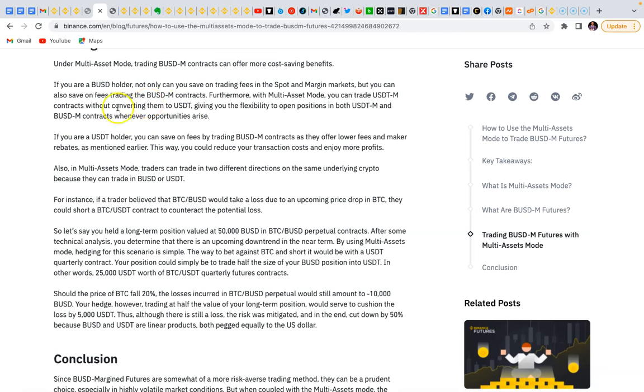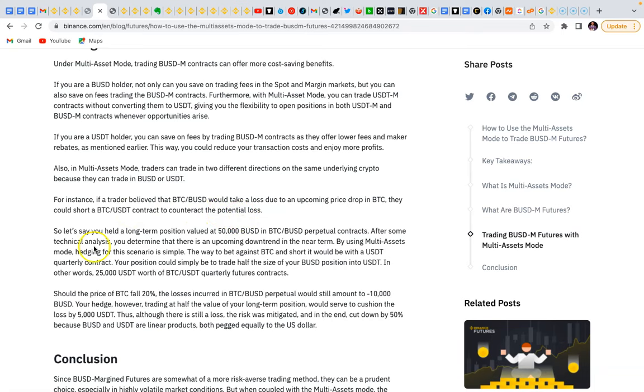For instance, now let's look at this scenario that is created in this article. So look at this. If a trader believes that BTC would take a loss due to an upcoming price drop in BTC, they could short a BTC USDT contract to counteract a potential loss.